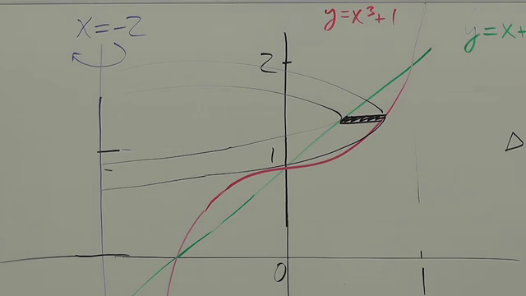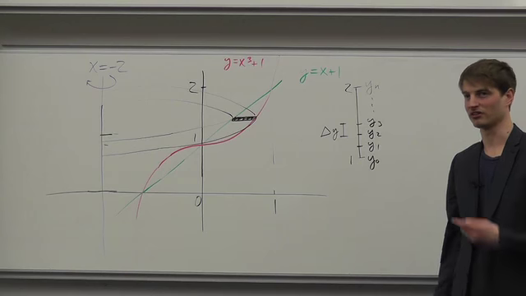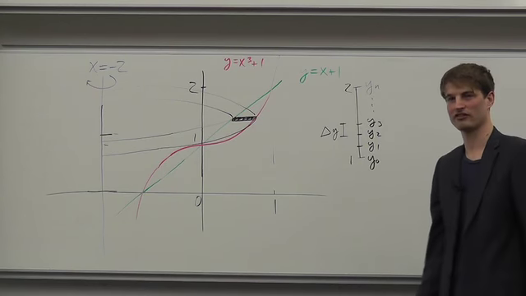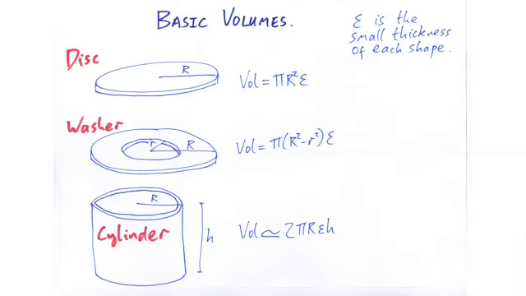And of course, we have a formula for computing the volume of a washer. This is something you can just compute offhand. Let's go back and look at it. See that slide again. The volume for the washer depends on two things. It depends on the big radius and the little radius and the thickness. The thickness we know is delta y.